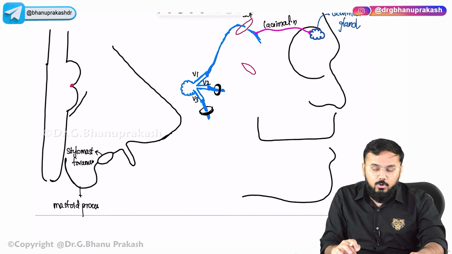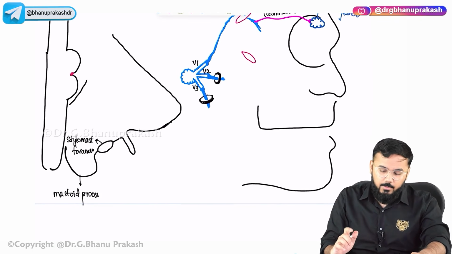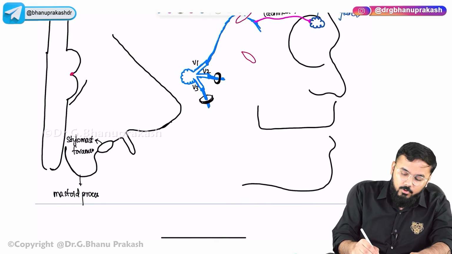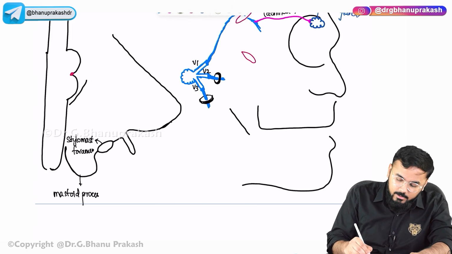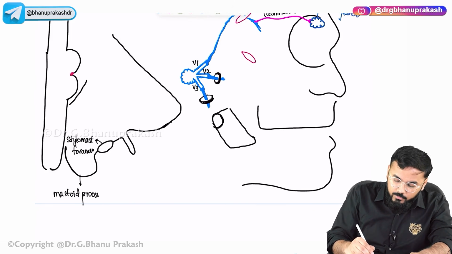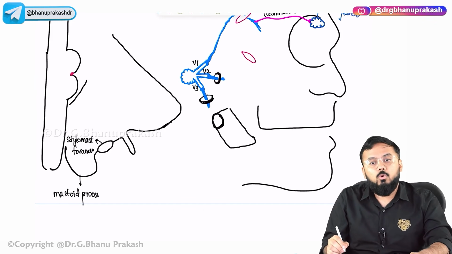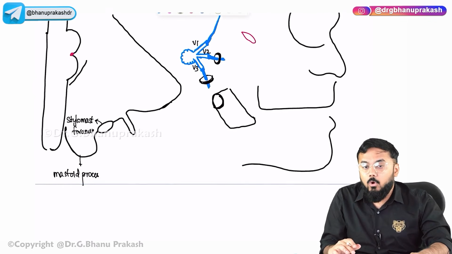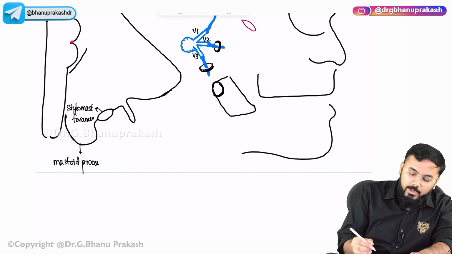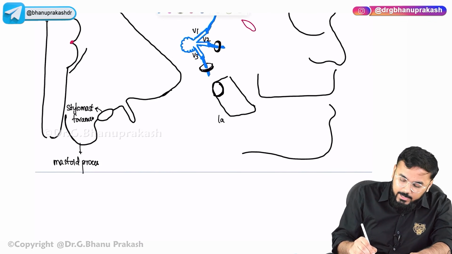Now let us continue drawing some more important structures over here. Exactly here, you have a bone, right? You know what this bone over here with an opening is? This bone is called the lateral pterygoid plate.